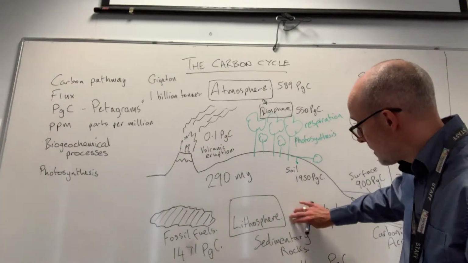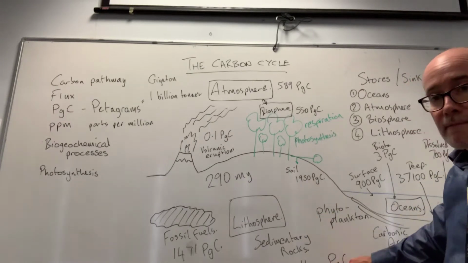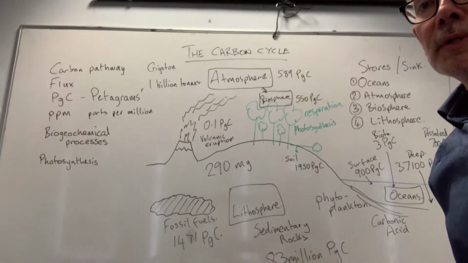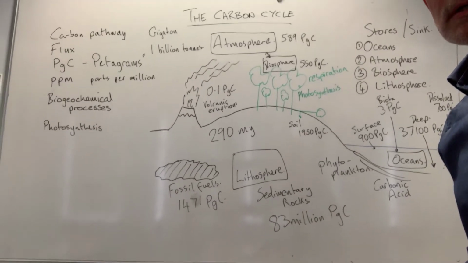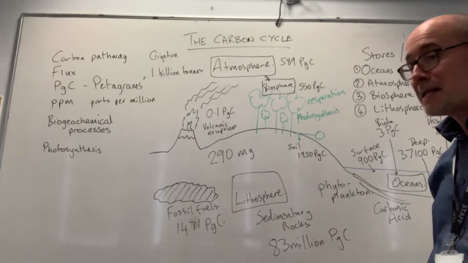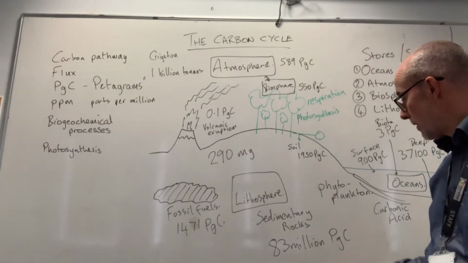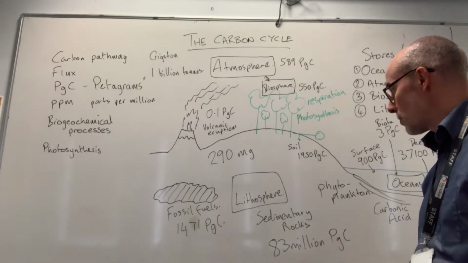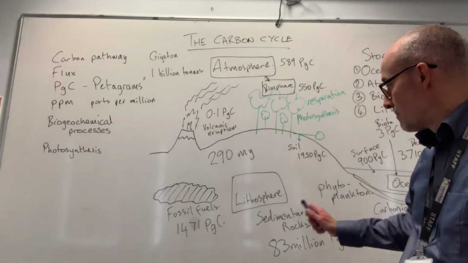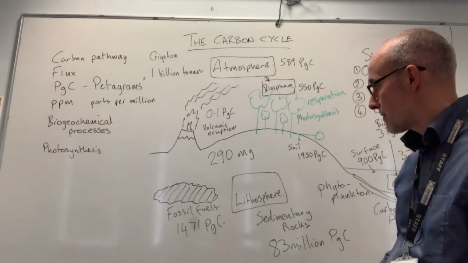And actually, it's in sedimentary rock, part of the lithosphere, that we have by far the biggest amount of carbon. I don't know if you can see the numbers on there. I'm just going to tilt the camera so you can see it. So there we go. About 83 million petagrams of carbon is locked up in the sedimentary rock layer. So by far the biggest amount anywhere in the carbon cycle is part of the lithosphere there.